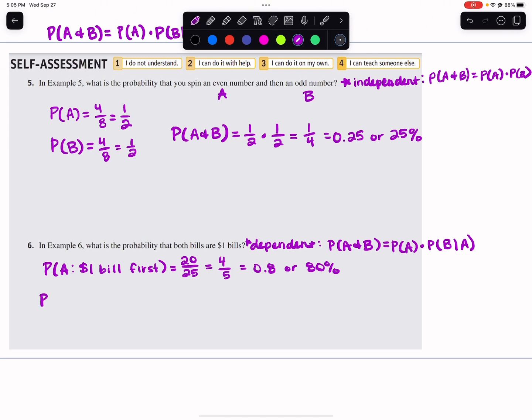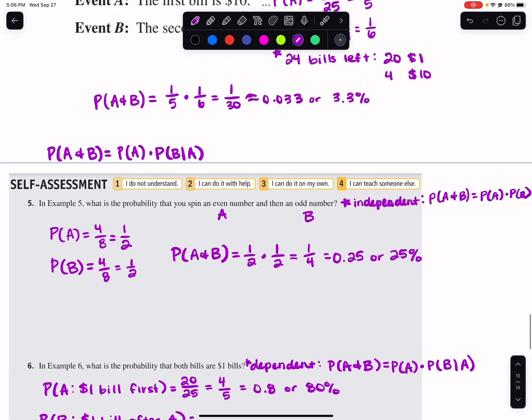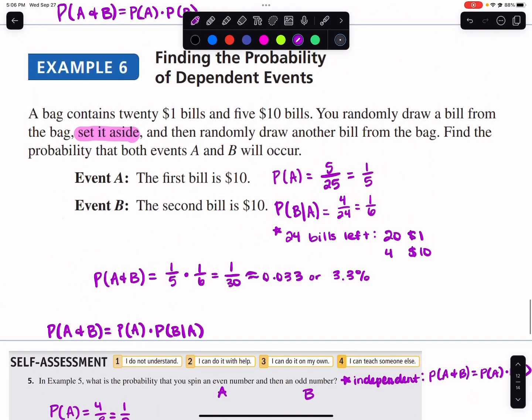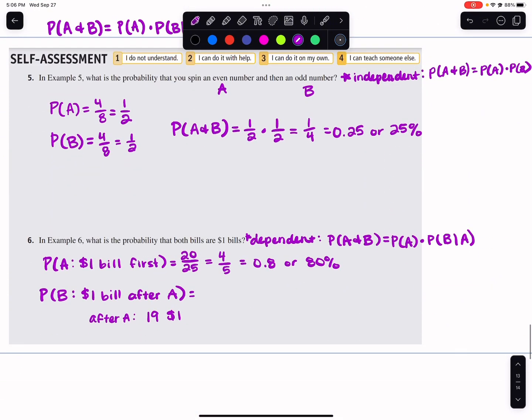The probability of B is that we pull a $1 bill after A happens. So after A happens, I take away one of those $1 bills. So I'm left with 19 $1 bills. I still have 5 $10 bills.